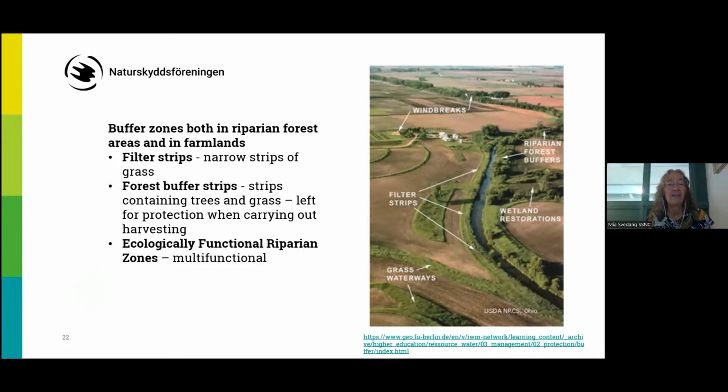In forest, you have forest buffer strips, containing trees and grass, and they are often left for protection when carrying out harvesting, logging, and so on. And the third type of buffer zones are ecological functional riparian zones, and they are multifunctional, and I will talk a bit more about those in a while.